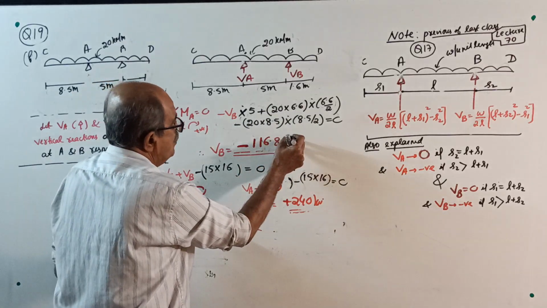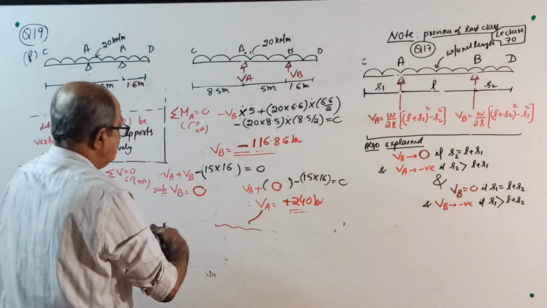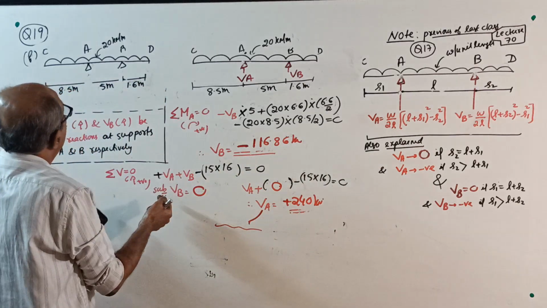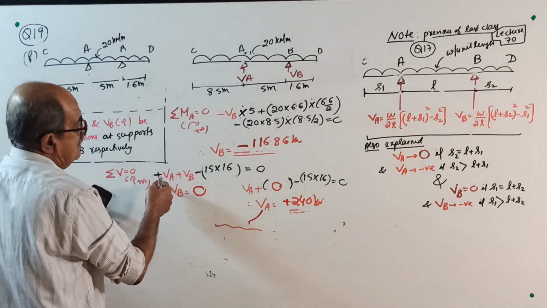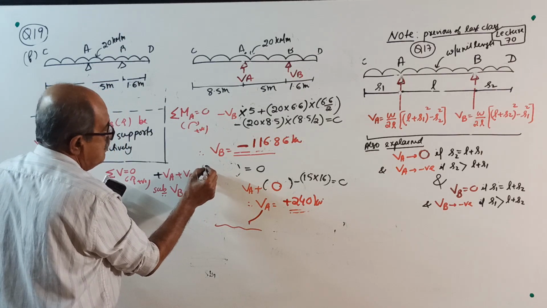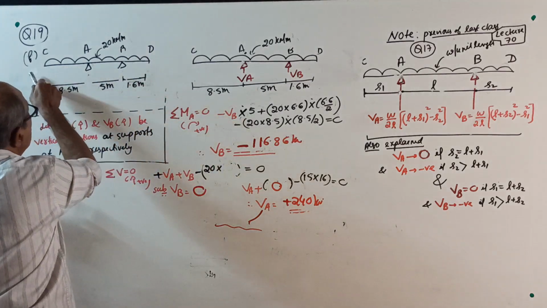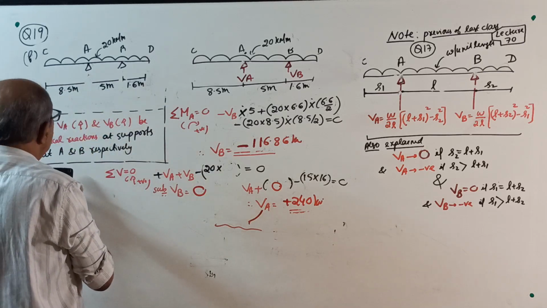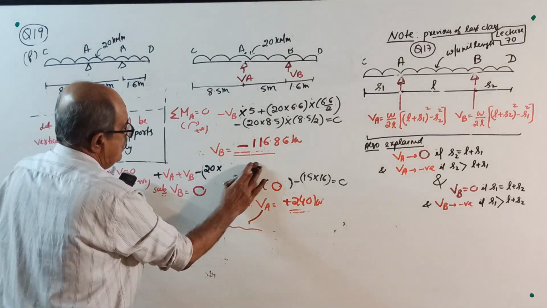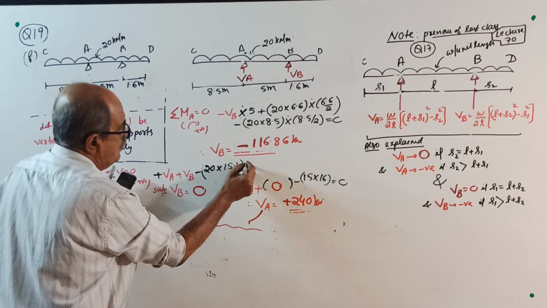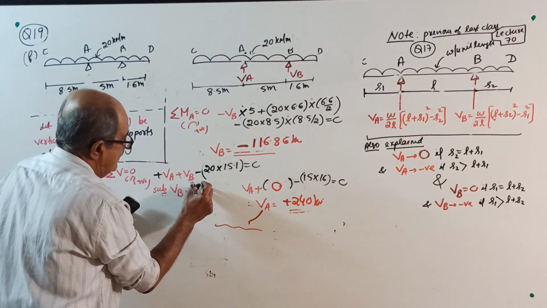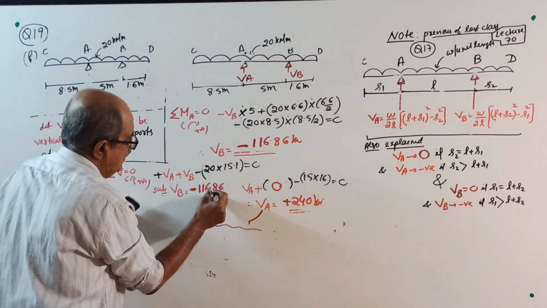116.86 kilonewton. Then sigma V equal to 0, upward positive: plus VA plus VB minus 20 into total length 8.5 plus 1.6 plus 5, that is 15.1, 20 into total load 15.1 equal to 0. Substitute VB equal to minus 116.86 kilonewton.